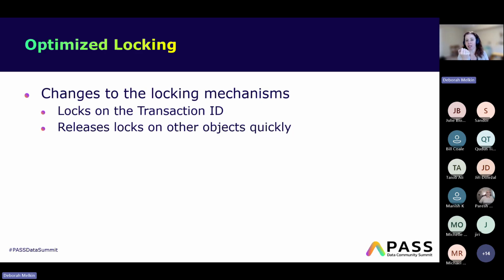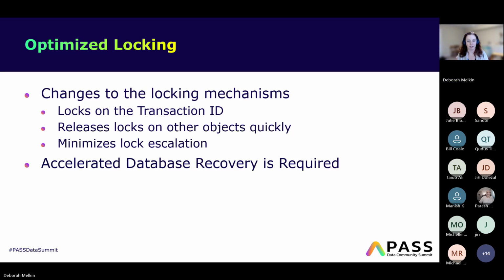We can say this is the transaction ID that made the change. So as long as that transaction ID is there, we can hold that lock and we don't need to lock the rest of the table, which is really cool. Because we're releasing those locks, we've minimized lock escalation. Think about that. That's really cool.